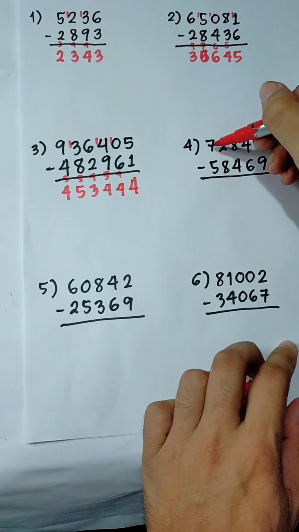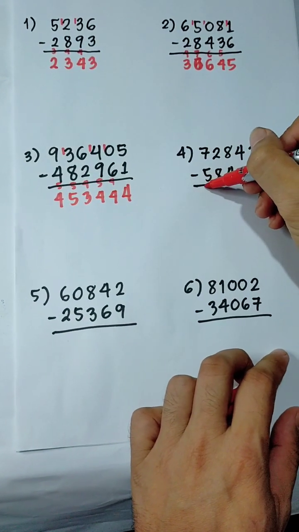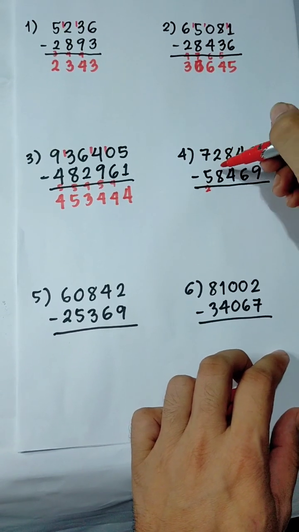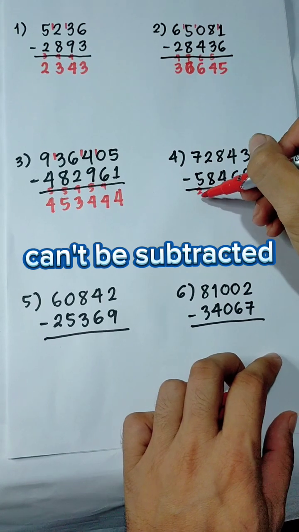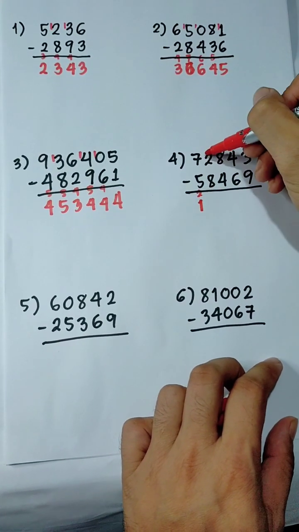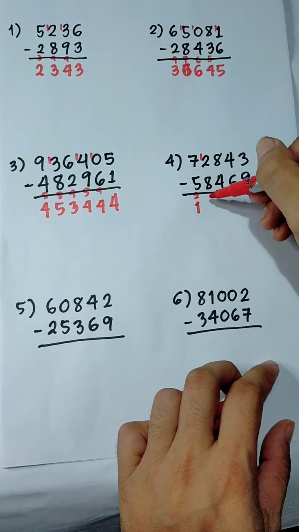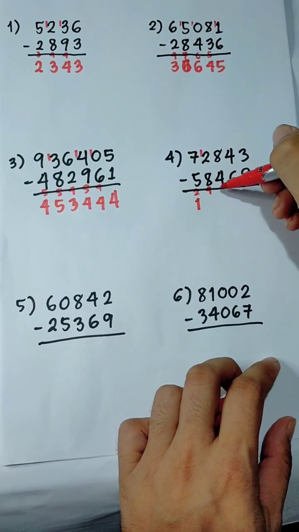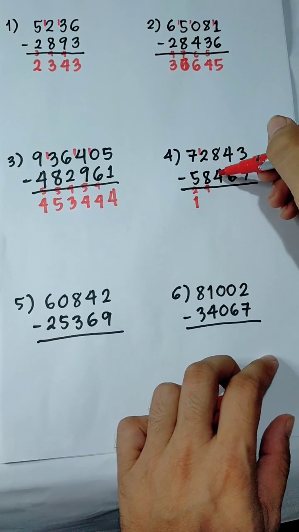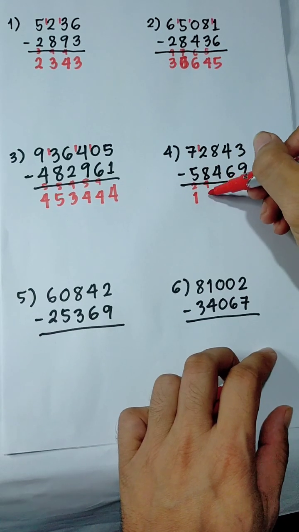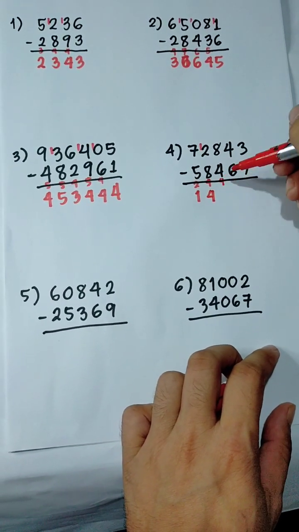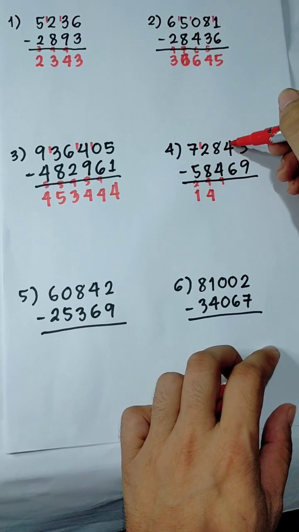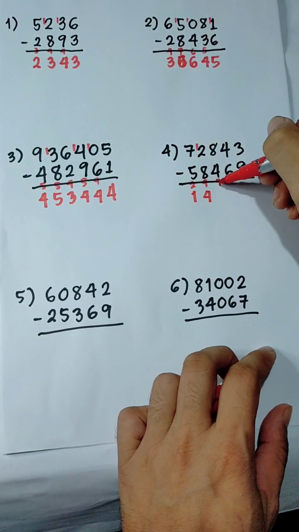And number 4, 7 minus 5, that is 2. And the next digit can't be subtracted, so we borrow 1 here, so this is 1, and put the one that we borrow here. 12 minus 8, that gives us 4. The next column can be subtracted, so we bring down 4. 8 minus 4 is 4, and the next column can't be subtracted, so we borrow 1 from 4.